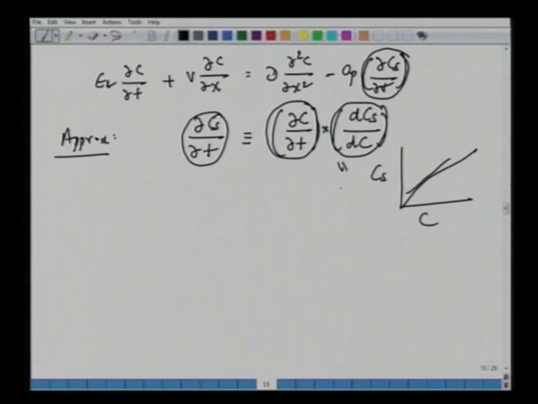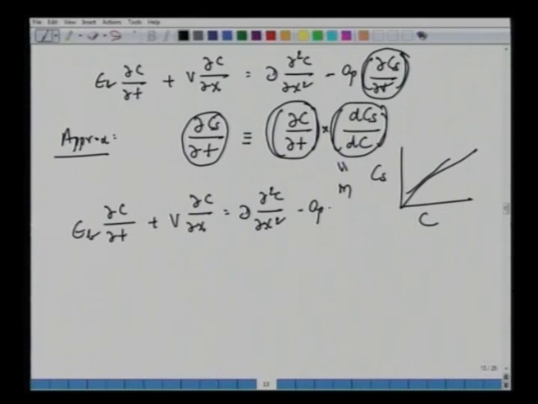So this is equal to m. Alright. So now we can write our equation: epsilon_b ∂C/∂t plus v ∂C/∂x equal to D ∂²C/∂x² minus a_p m ∂C/∂t.